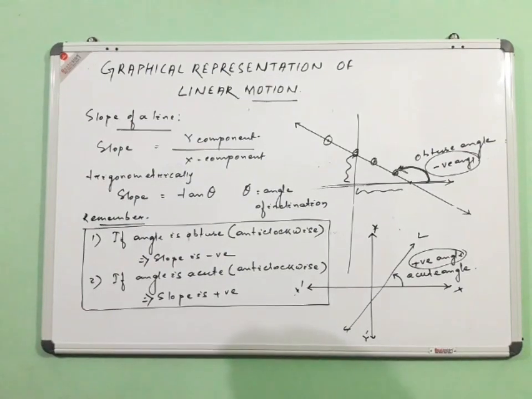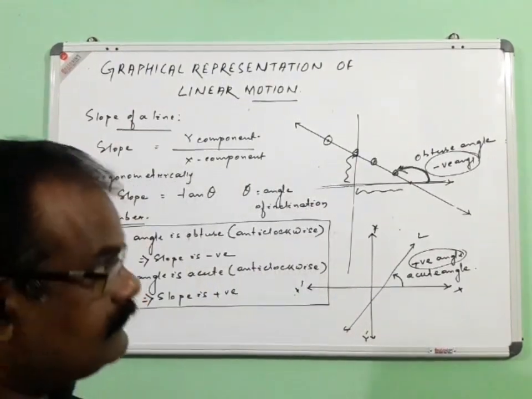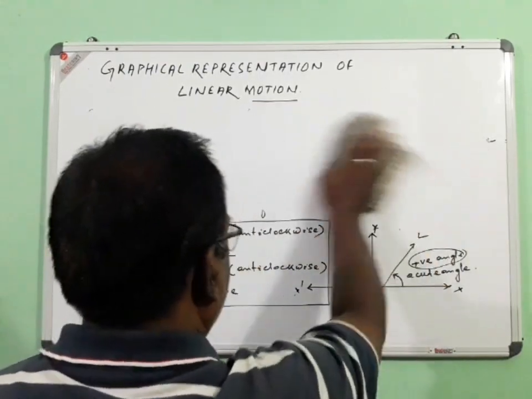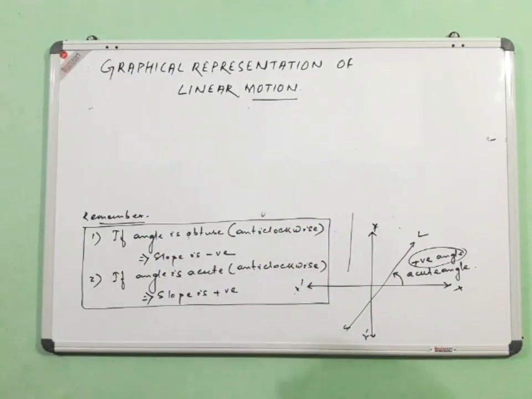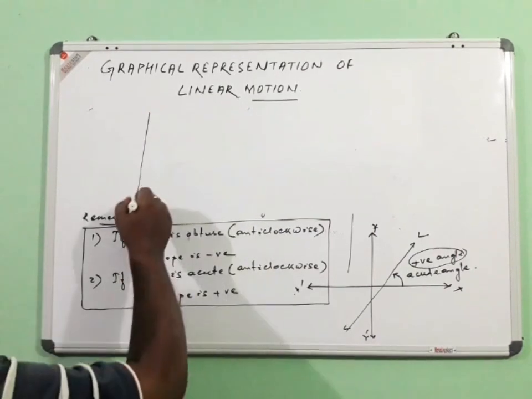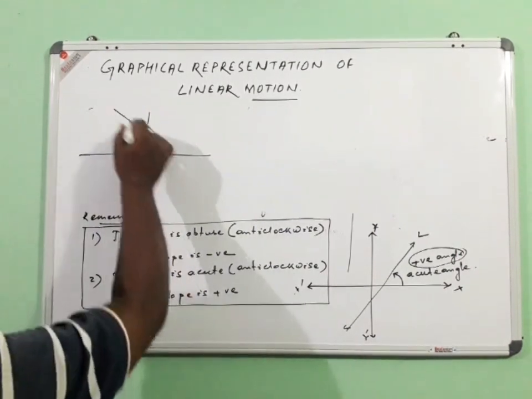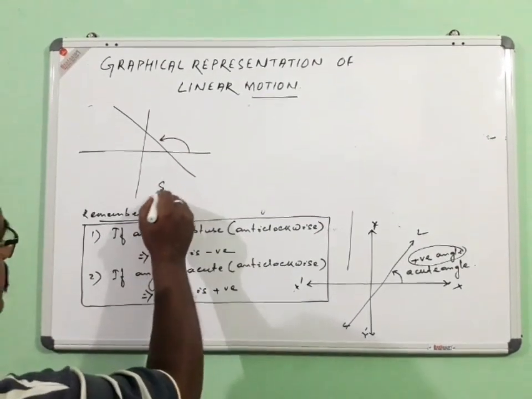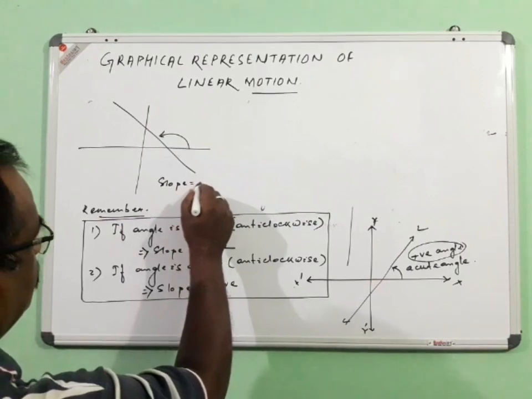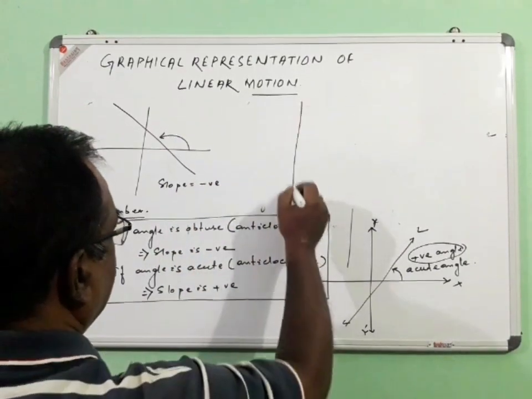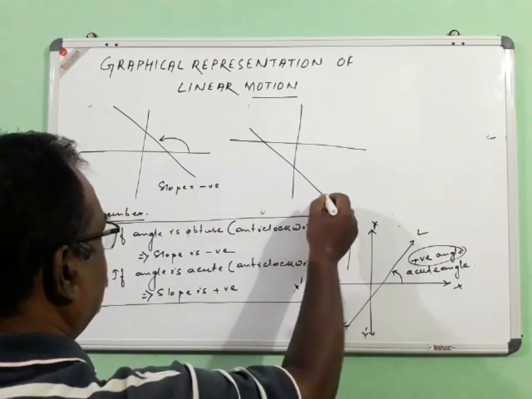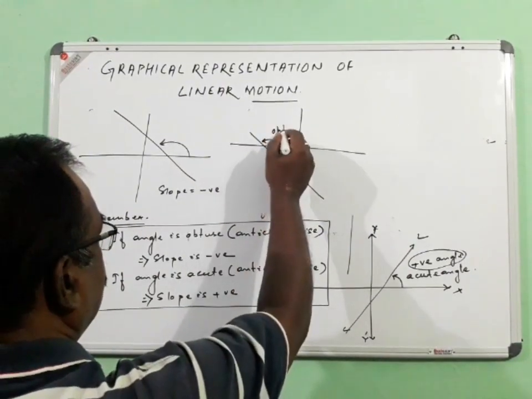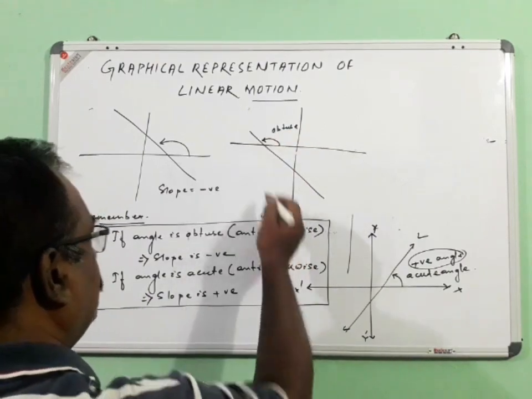So now for example, we can say that whenever a line is drawn in such a manner, this is a sort of obtuse angle, so therefore the slope is negative. Similarly, if the line is made in this manner, the angle here is obtuse when we are measuring in anti-clockwise manner.